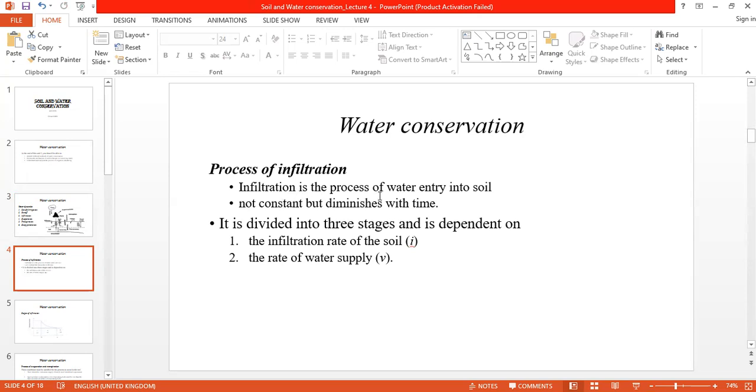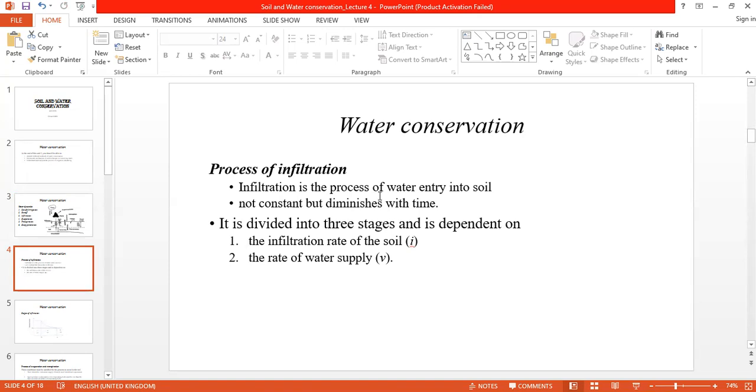So infiltration is simply the process of water entry into the soil. So water entering at the surface into the soil. What is interesting about this phenomenon is that if your soil is completely dry, then you start applying water, the water will be entering the soil very fast.